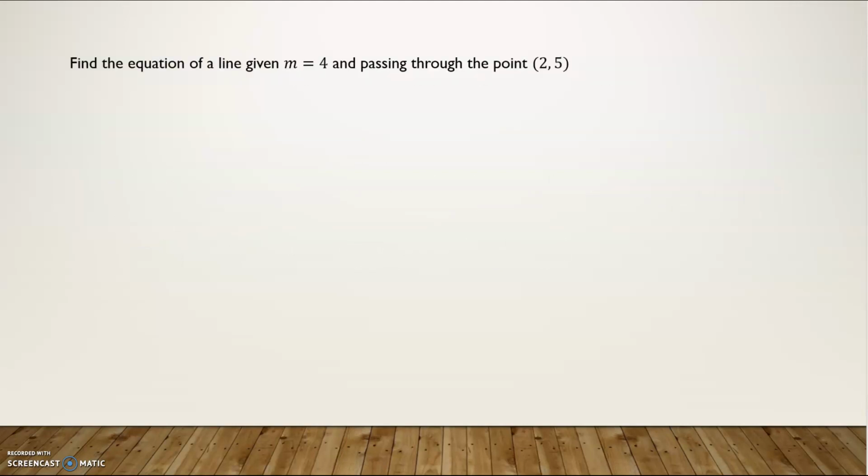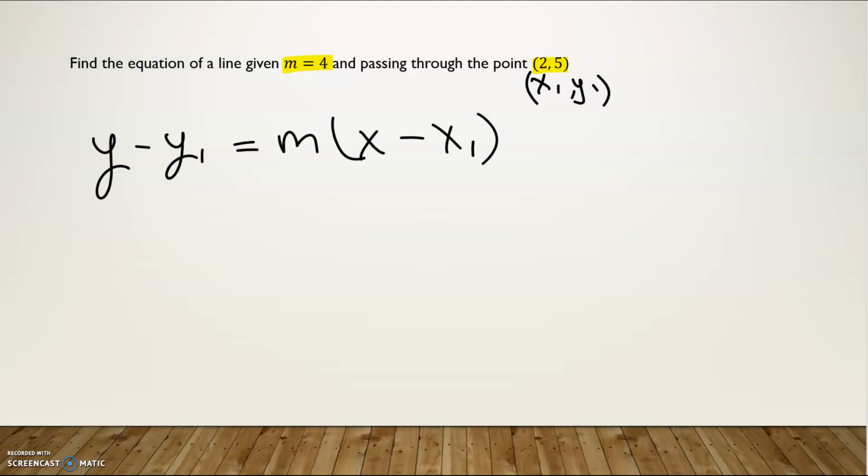So like this one, they give us that the slope is 4 passing through the point (2, 5). So we'll say that this is x sub 1, y sub 1. So we'll use our formula, y minus y sub 1 is equal to m times (x minus x sub 1), and they're trying to find the equation of a line.